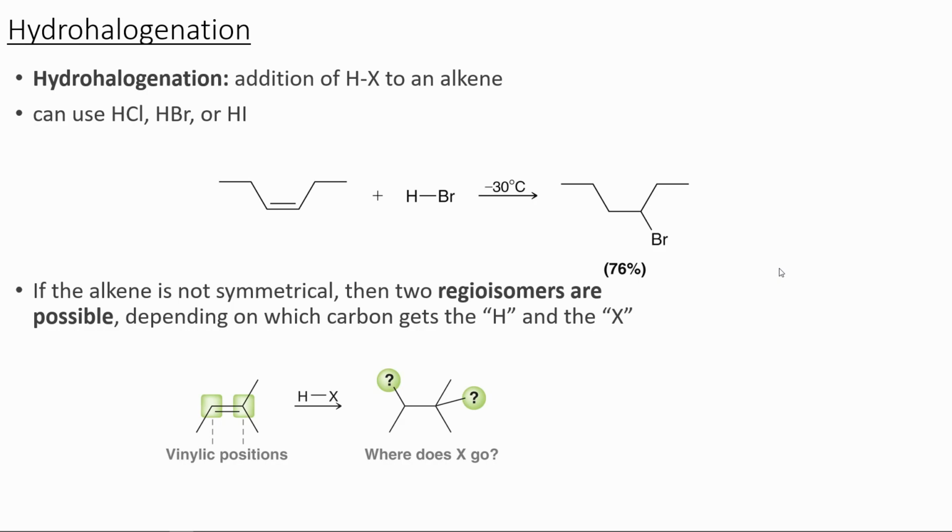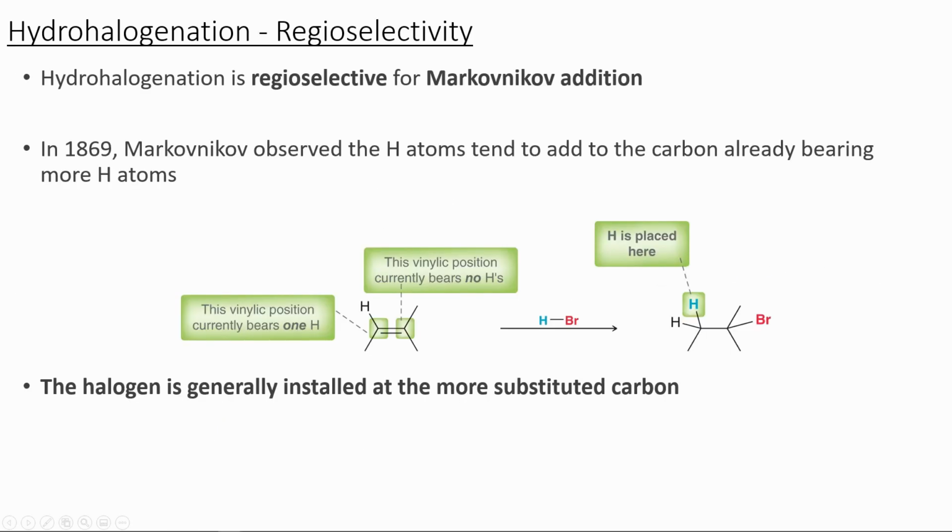So this regiochemistry is one of the first factors that we have to look at when we are analyzing our hydrohalogenation reaction. In 1869, Markovnikov observed that hydrogen atoms tend to add to the carbon that's already bearing more hydrogen atoms.